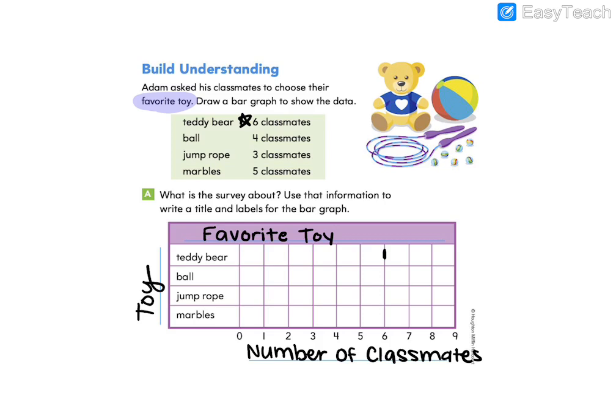Then I can draw my bar to show 6 students chose a teddy bear. Go ahead and do the same for the ball, the jump rope, and the marbles.